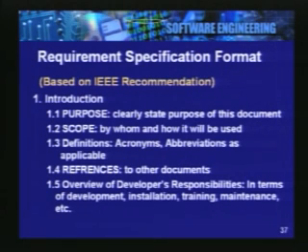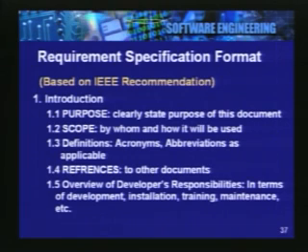It first establishes the purpose of this document. What exactly is the purpose and what is covered in this document? Then it defines the scope of usage. Who will use this document and for what purpose? It gives various definitions, abbreviations, acronyms as they may be applicable and which have been used in the rest of the document.